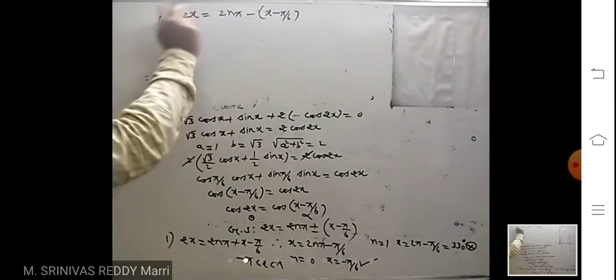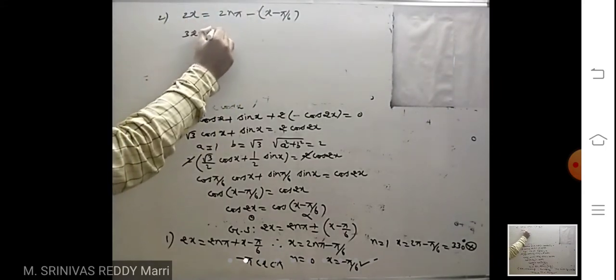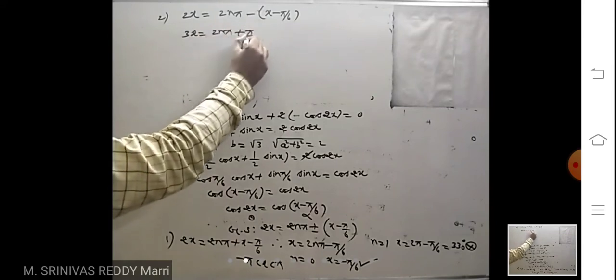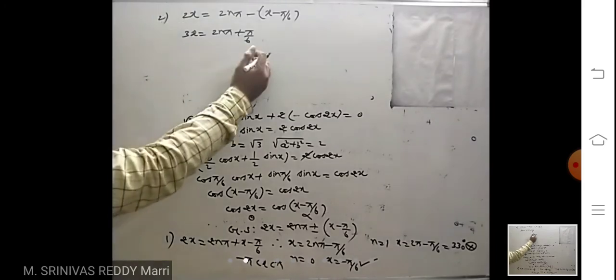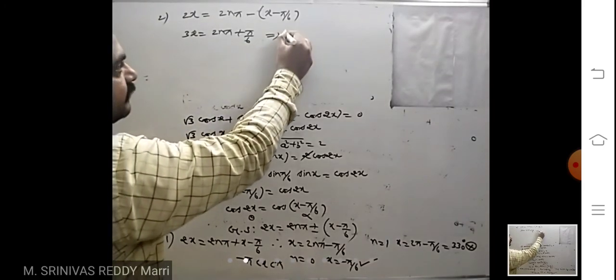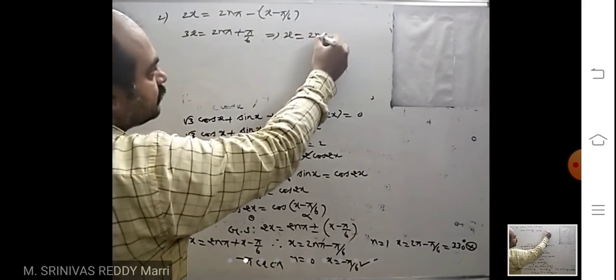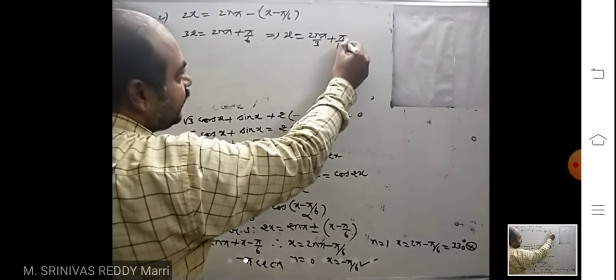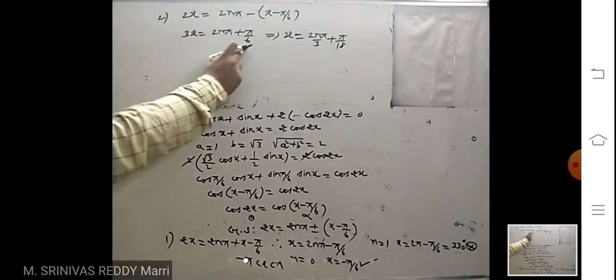Now this minus x bring this side, that means 3x equal to 2n pi plus pi by 6. Now this 3 bring this side and calculate x. What you will get? X equals to 2n pi by 3 plus pi by 18. 6 into 3 means what?